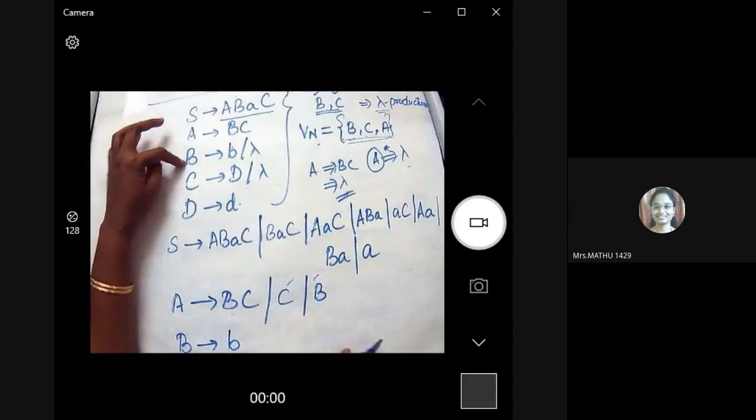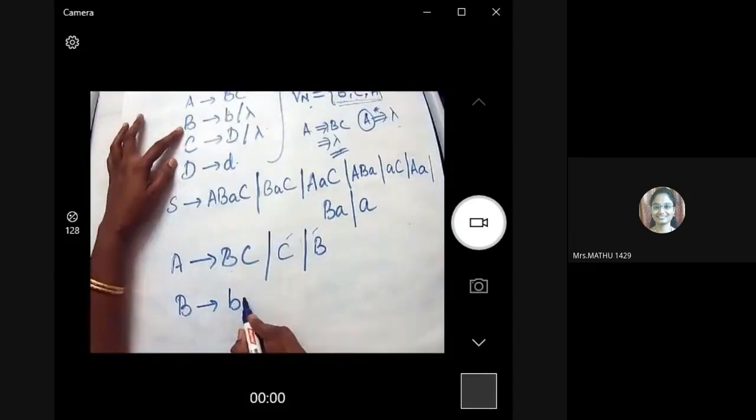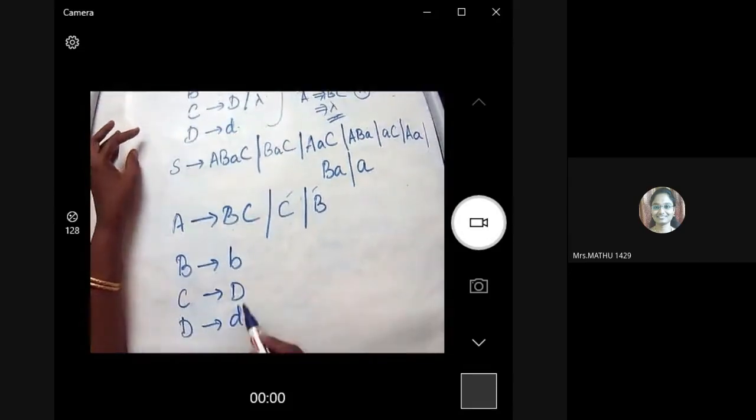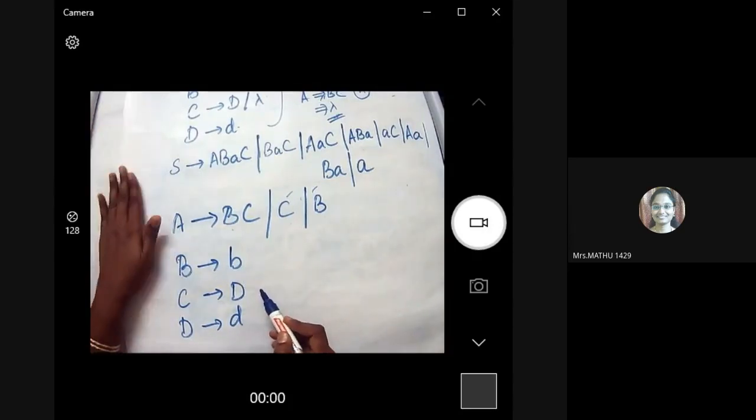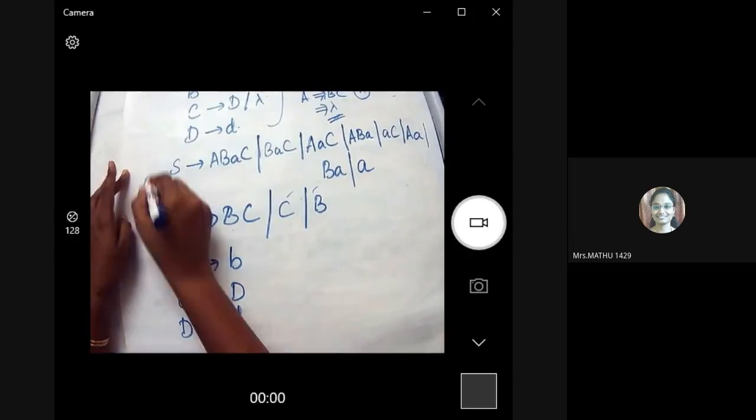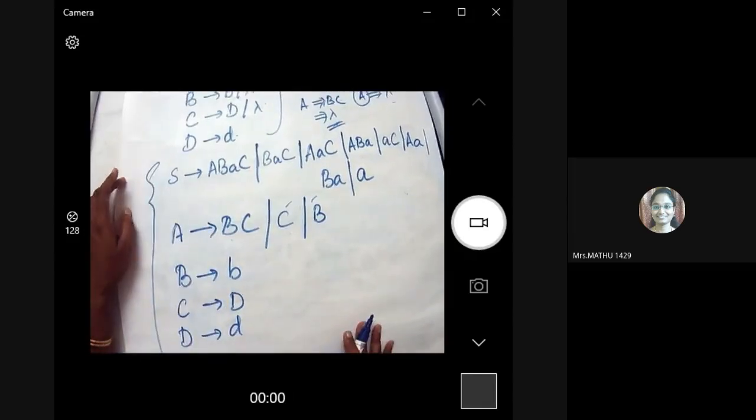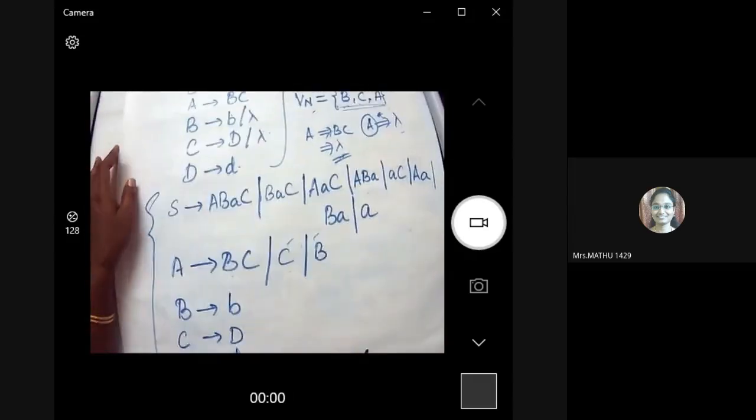Now the lambda production can be removed because we have already generated the new productions equivalent to that. So the lambda production for B and C can now be removed. So this is the equivalent grammar that we have generated by removing the lambda production.